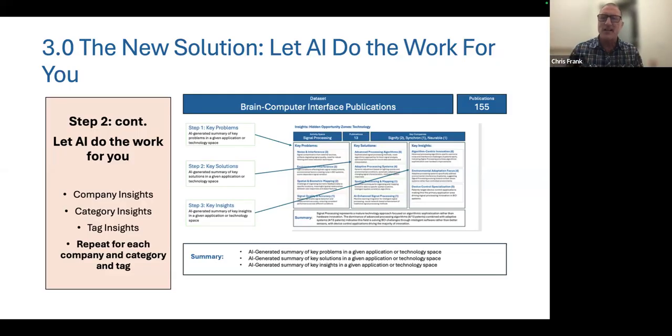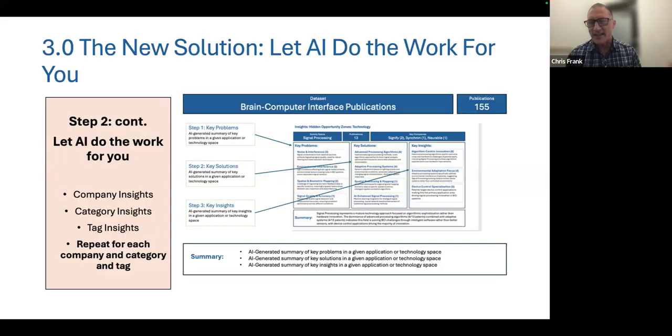But nonetheless, here's what we can get with our AI on the insight level. The key problems: what are the 3 or 4 key problems that AI can identify from this particular category? And also the key solutions, same thing. What are the 3 or 4 or 5 key solutions that everyone seems to be pursuing? And then finally, what are the key insights across the board? And the AI can give me these 3 different kinds of boxes of insights for each category, for each tag.